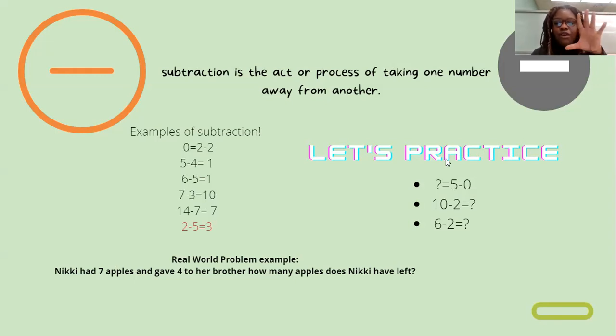So I have to start with 5, take away 2, and then I'll get my answer, which is 3. But if I start with 2 and try to take away 5, it doesn't work. So we want to keep in mind that we have to put the biggest number in front. That is important. Otherwise, you'll get your answer wrong, and you don't want to do that.